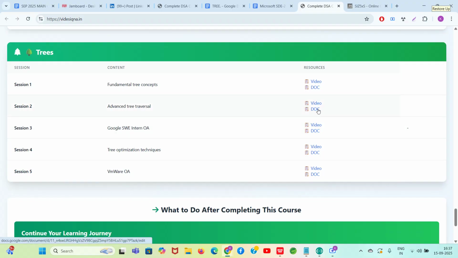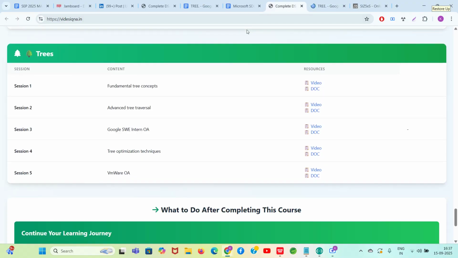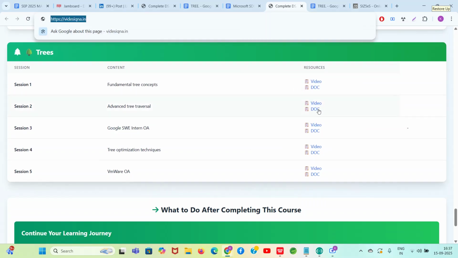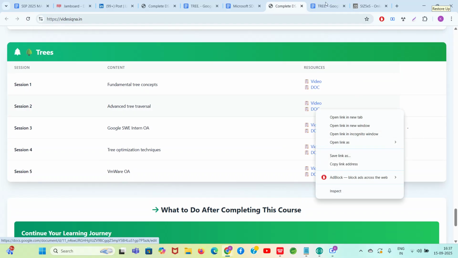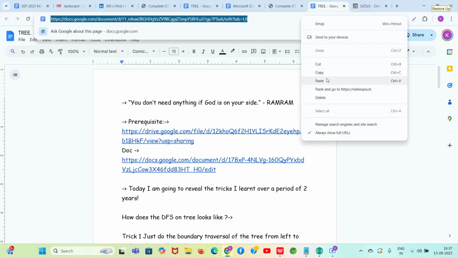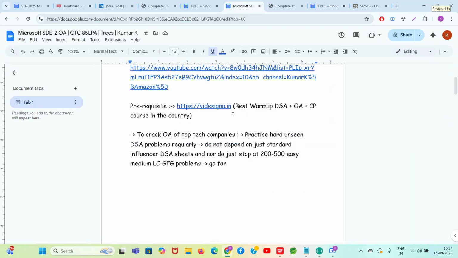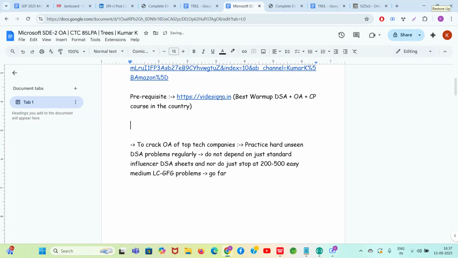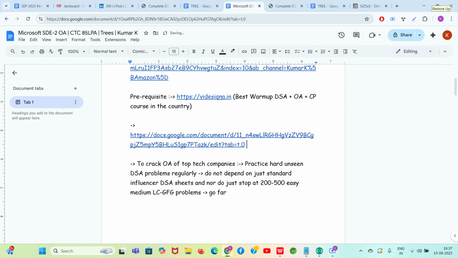Because the second video in the warm up DSA plus OA plus CP course, the second video from the tree course, is also one of the prerequisites for this problem. You should be knowing whatever has been taught there. In it I have taught a very special kind of bottom up traversal DFS.